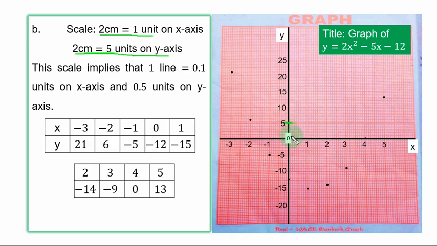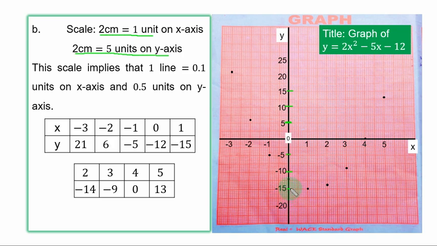From the origin to the end of the second box is 5. The next 2 boxes become 10, the next 2 boxes is 15, and so on. If you go down from the origin, you have minus 5, minus 10, minus 15, and so on.